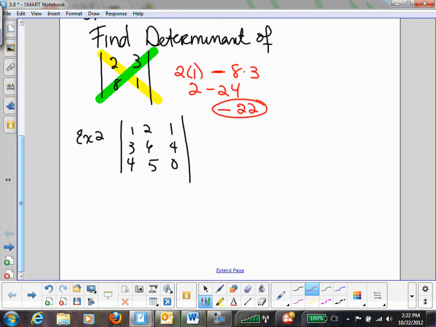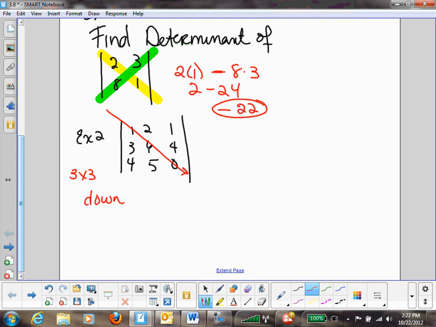But in this case, this is a 3 by 3, isn't it? So when I go down my determinant starting at the top left, I take 1 times 6 times 0, correct? But I haven't hit all of my elements the way I have in a 2 by 2, right? I've only hit the main diagonal, correct? So I've got to hit them all, going down, all of them.